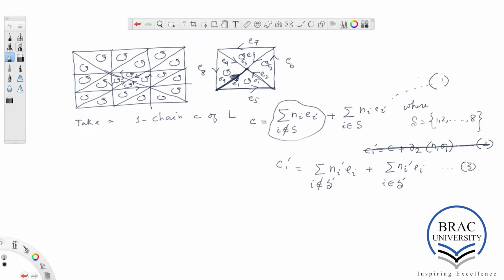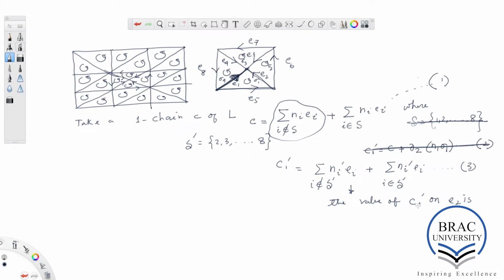and from this we see that the value of C1 prime on E2 is, S prime is this set, right? 2, 3, 4 all the way up to 8.